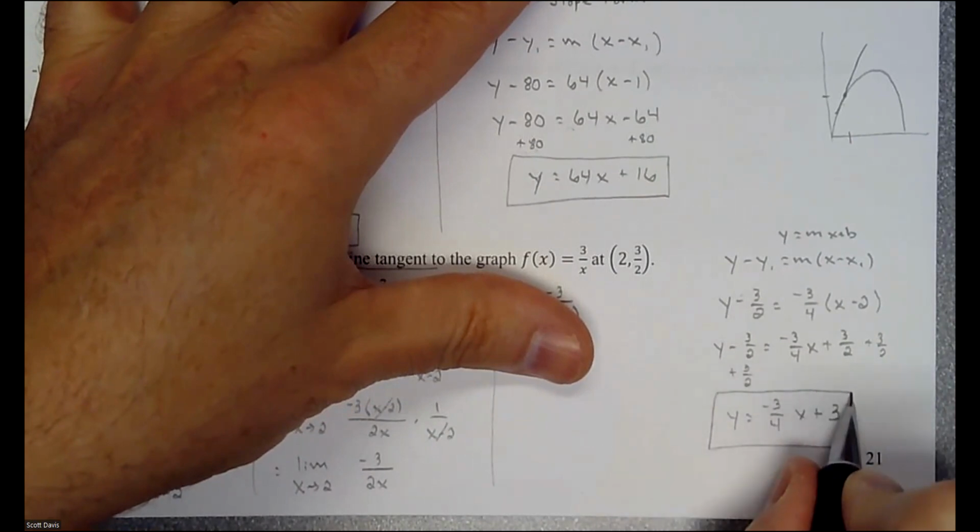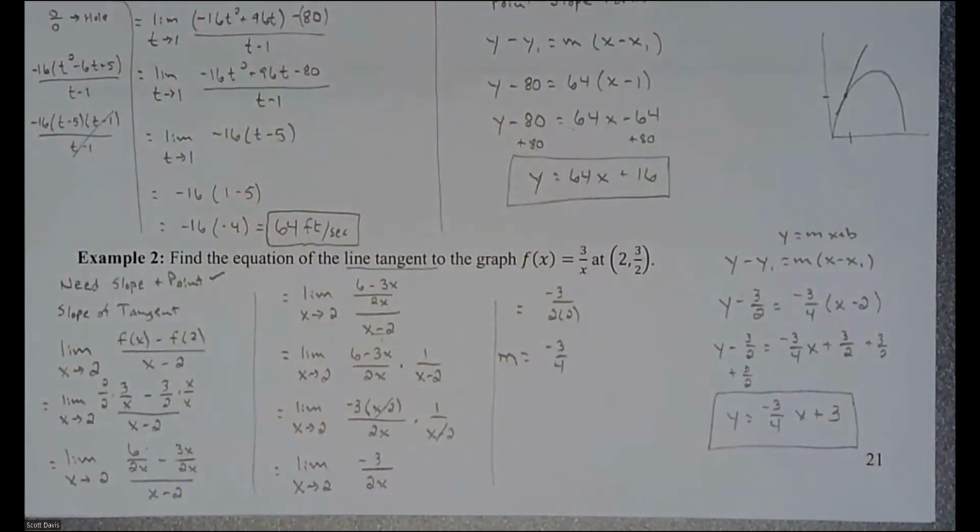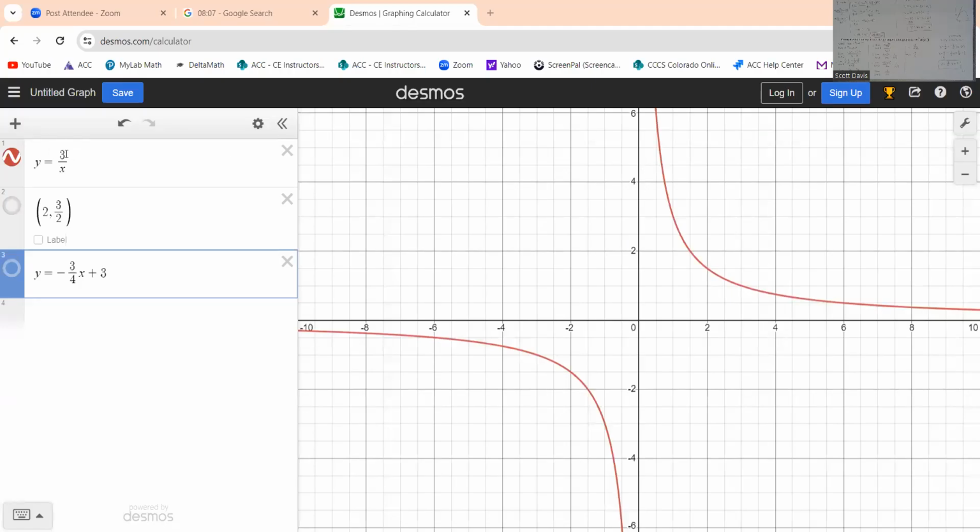All right, I'm going to do one last thing. I threw this into Desmos to make sure everything lines up and does what it's supposed to do. So let me share my screen. All right, here we go. So here's our graph. This is that 3 over x, which was our original function.